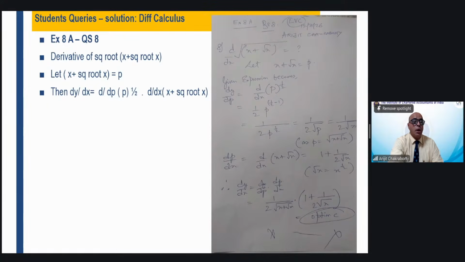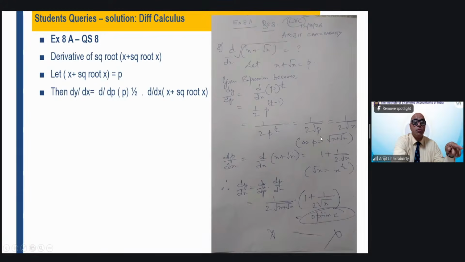So d/dx of p to the power half, the differential coefficient comes to half p to the power half minus 1. P to the power half minus 1 means it is minus half. Minus half means basically it will now come to the denominator. You have 1 by 2 square root of p.